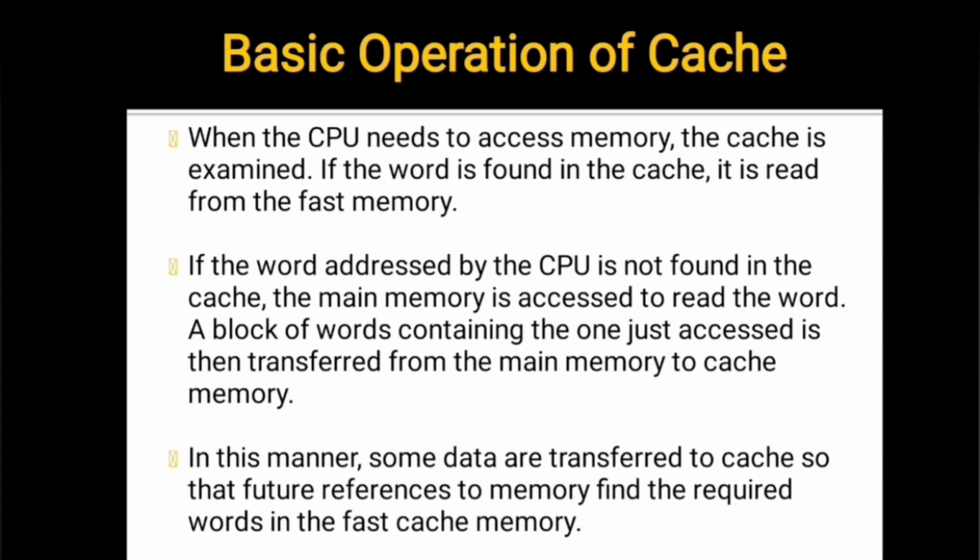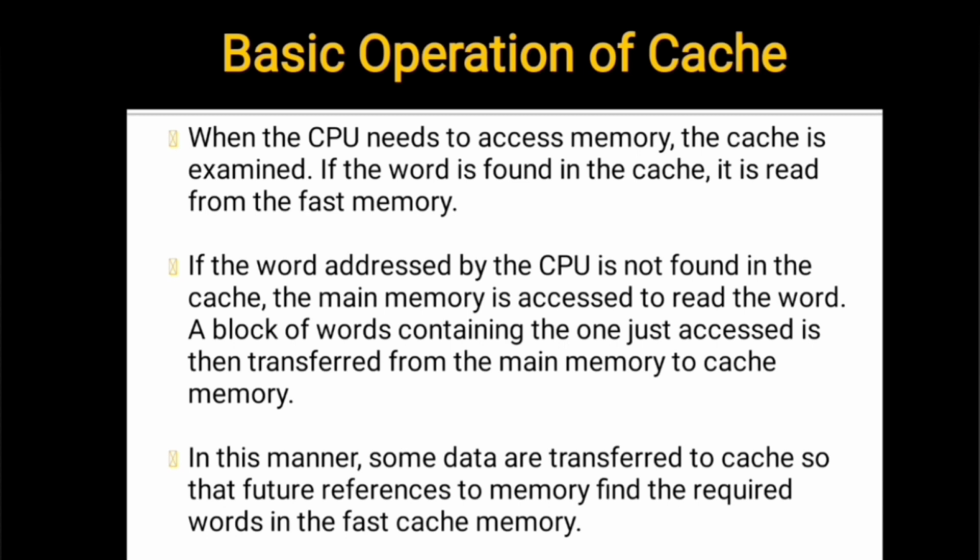If the data is found in the cache memory, then it is read from there. But what if this data does not exist in the cache memory? In that case, the CPU is going to access the main memory. So if the data addressed by the CPU is not found in the cache memory, the main memory is accessed to read the data.